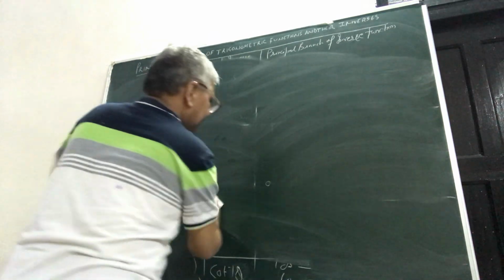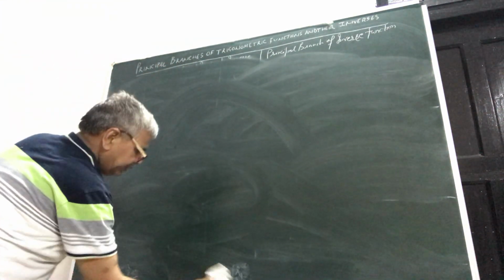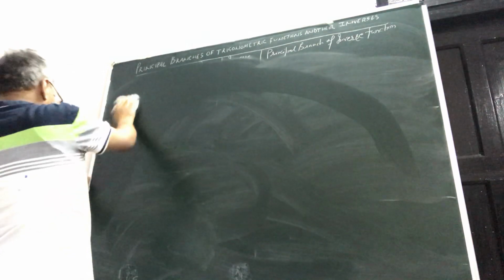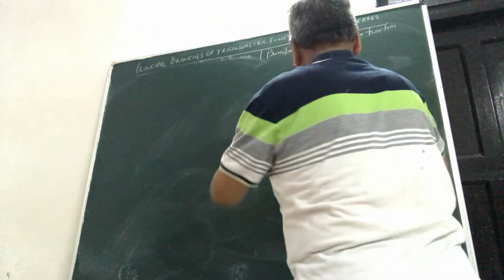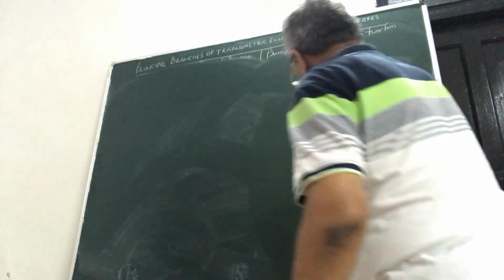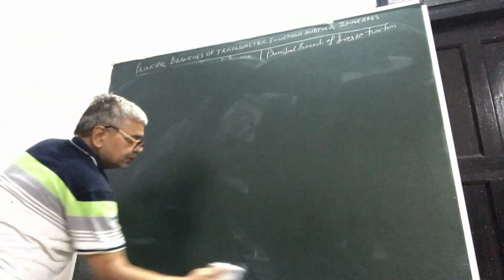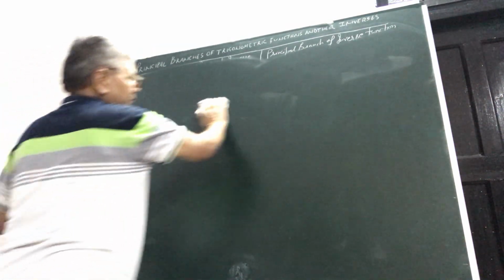Before I start taking up the graphs of these inverse functions, I once again repeat that the principle employed will be that if a function is one-one onto, then it is invertible. So see, I'll be explaining this fact again. I'll be drawing both the graphs here.